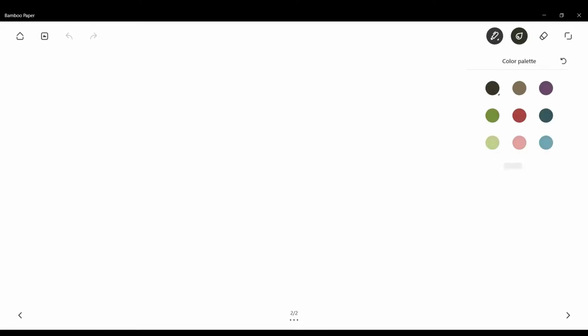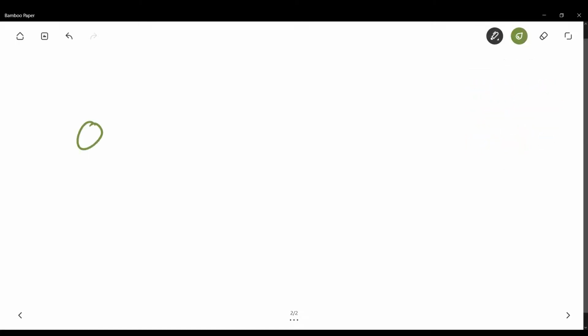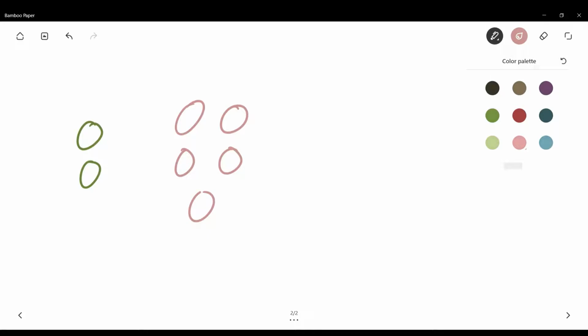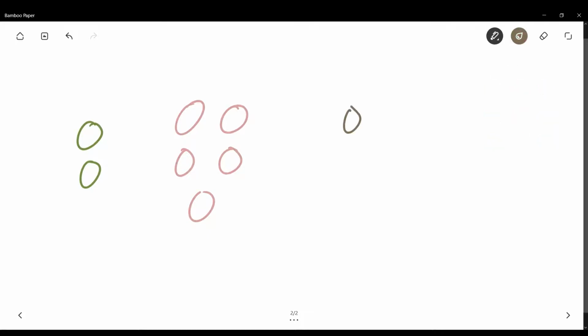So let's say we've got 2 green. Let's say that they're sweets. We've got pink ones, raspberry maybe, and let's say that we have brown as well, chocolate or something.